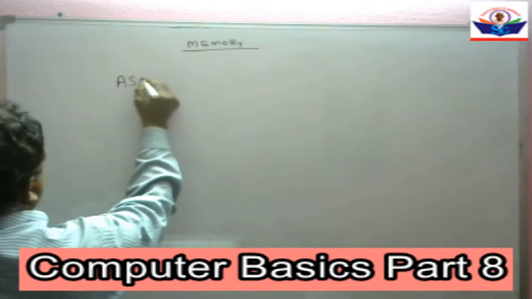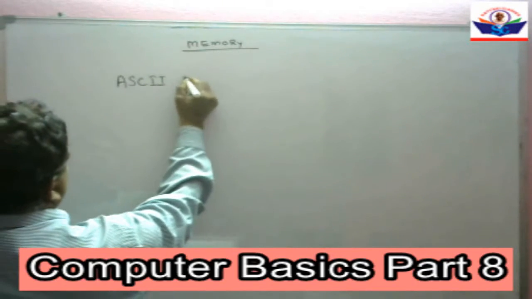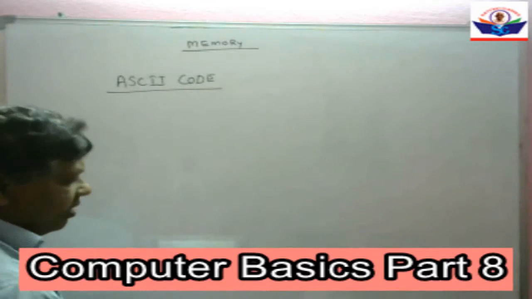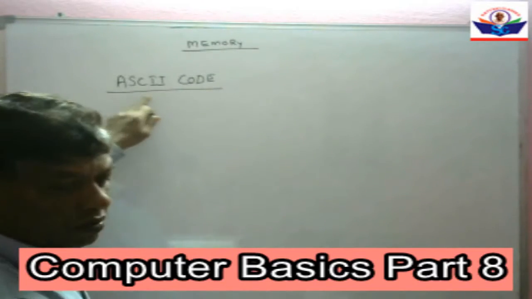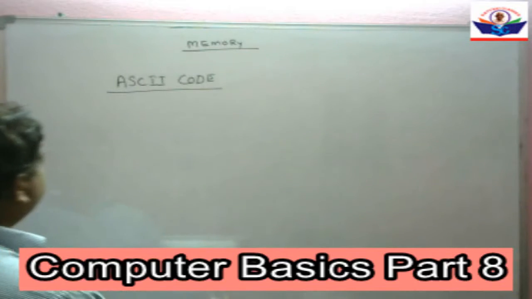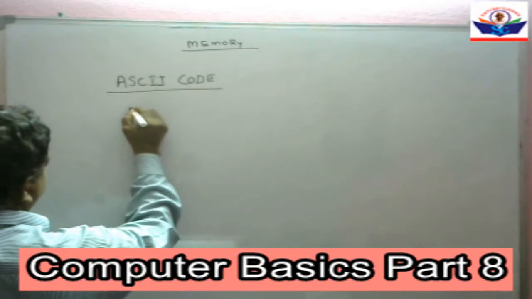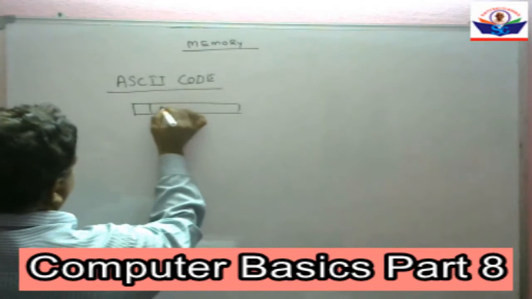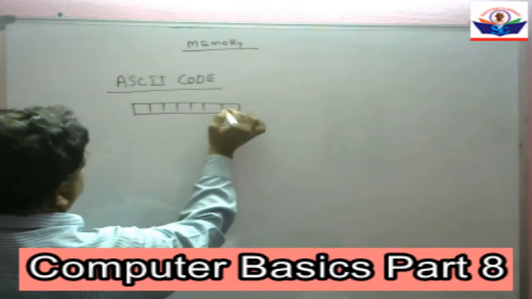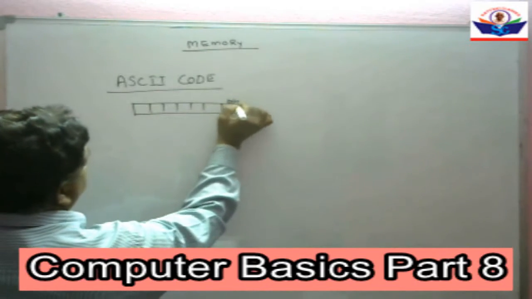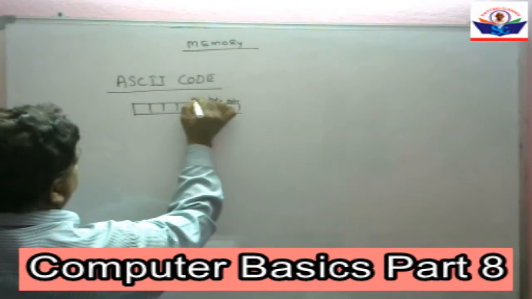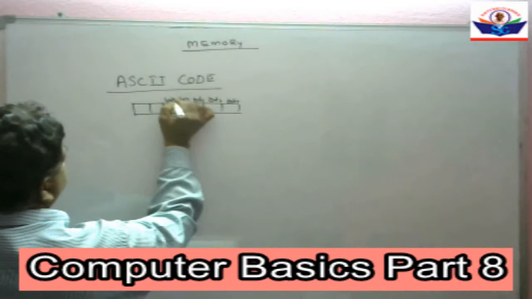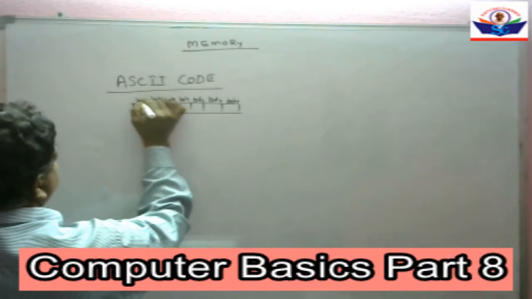ASCII code. ASCII stands for American Standard Code for Information Interchange. Initially it had 7 bits length: bit 1, bit 2, bit 3, bit 4, bit 5, bit 6, bit 7.